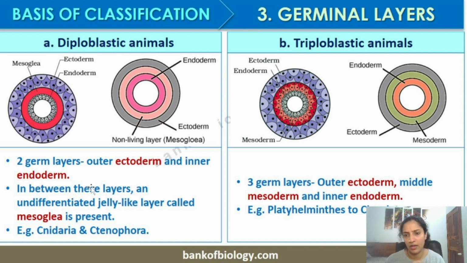Phylum Cnidaria and Ctenophora are kept under these diploblastic animals. And when it goes to the higher phyla, you can clearly see triploblastic animals, that is Platyhelminthes up to Chordata, show three germinal layers in their embryonic stages.